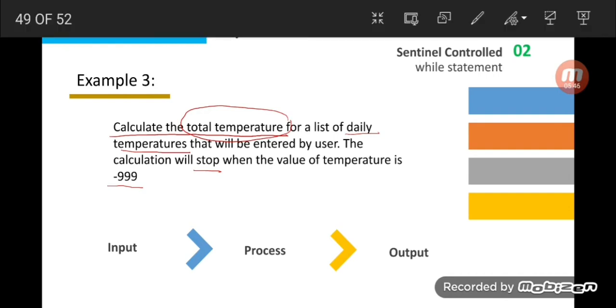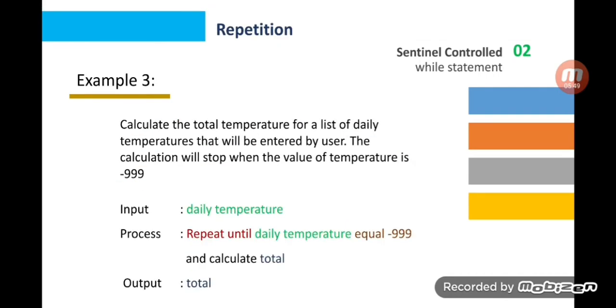So for IPO analysis, input: daily temperature. Process: repeat until daily temperature equal to negative 999 and calculate total of temperature. Output: total temperature.